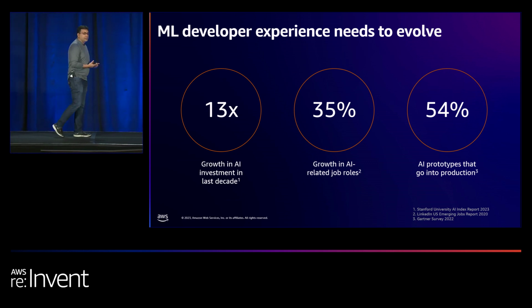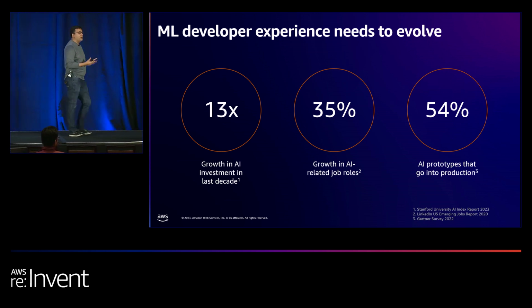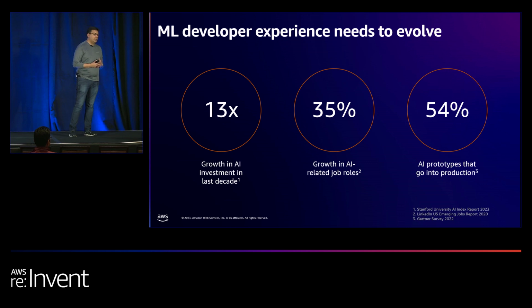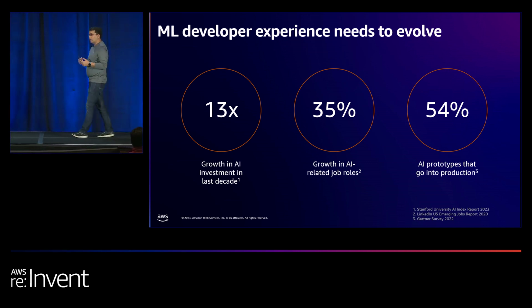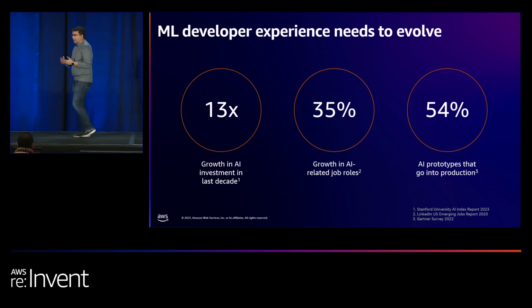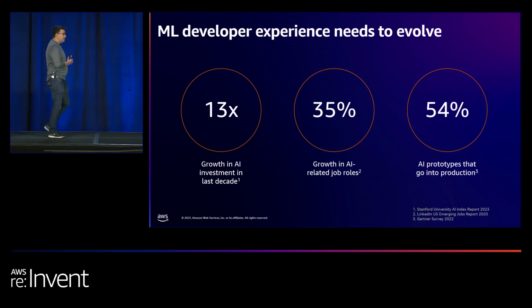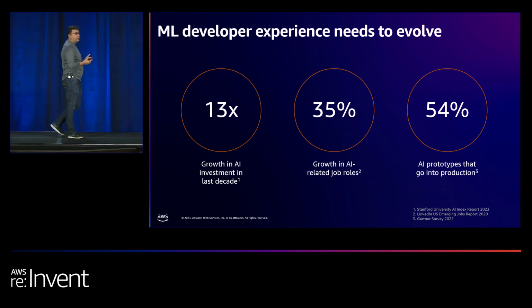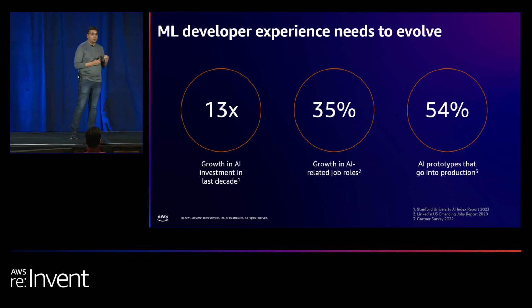While a data scientist may specialize in doing feature engineering on top of this data, and then choosing algorithms to build and experiment with models. And then a machine learning engineer might have the skill sets to take this model, deploy it into production, and automate the process of deployment and retraining the models at a cadence. Given this rapid proliferation in AI-related roles, more and more machine learning developers are asking for tools which are purpose-built for their specific task.